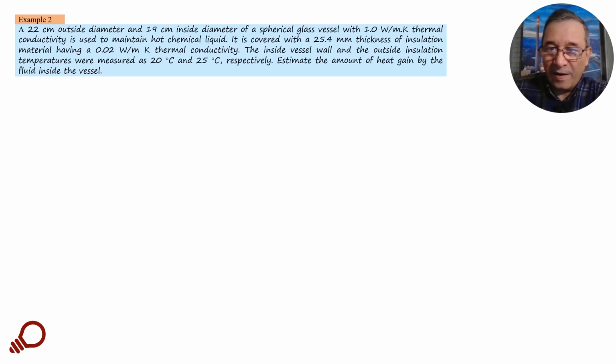And now let us consider another example for a spherical object, a vessel, and it is considered as a spherical object with the outside diameter 22 centimeter and the inner 19 centimeter with thermal conductivity of 1.0 watt per meter Kelvin.